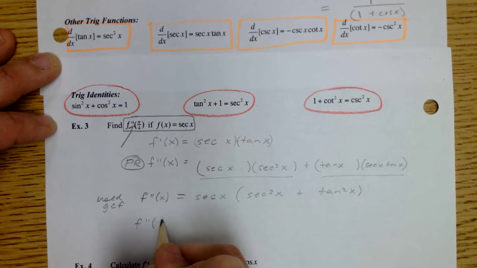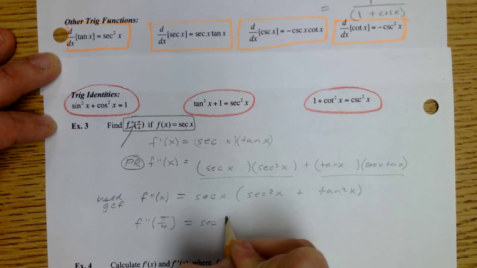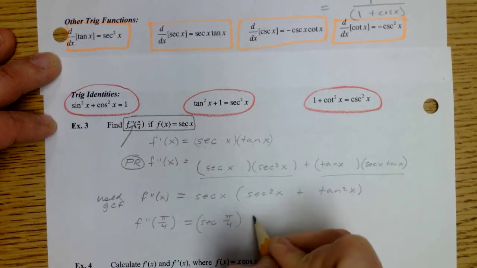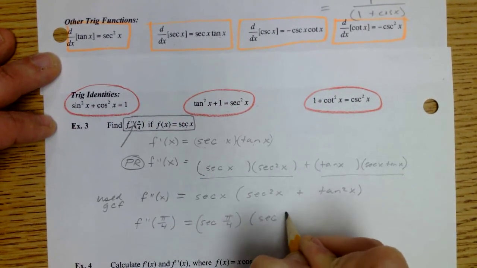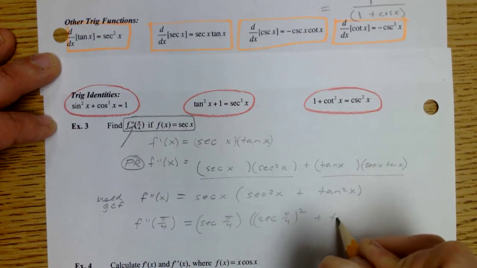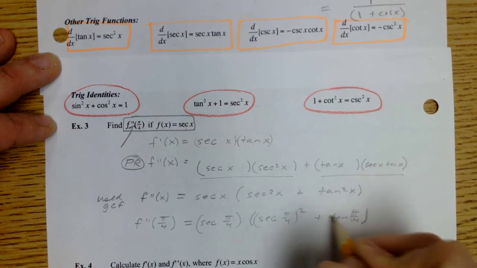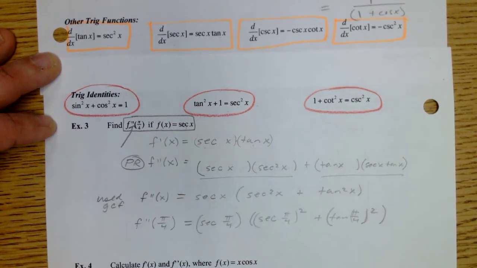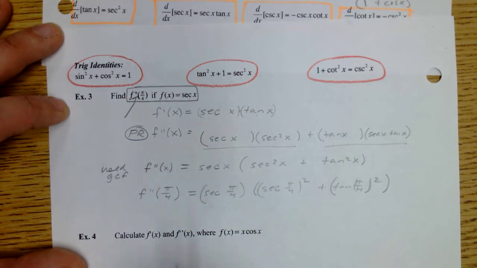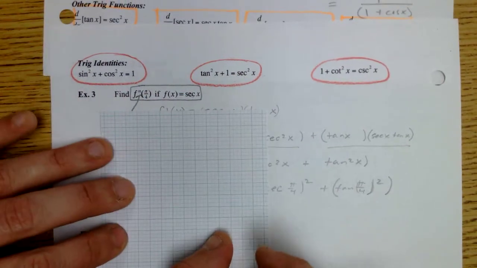F double prime of pi over 4 is equal to the secant of pi over 4 times the secant of pi over 4 squared plus the tangent of pi over 4, that whole thing, squared. All right, so if we go to pi over 4, let's do a quick little drawing here.